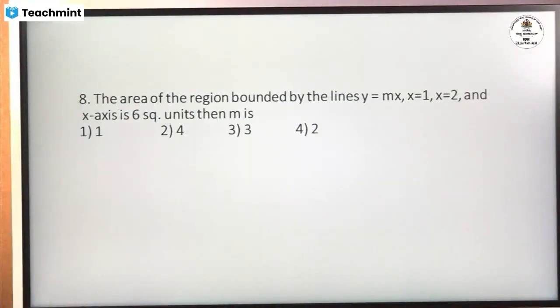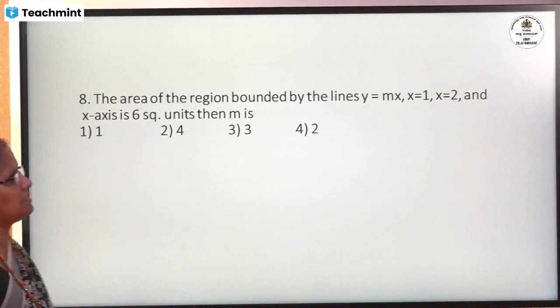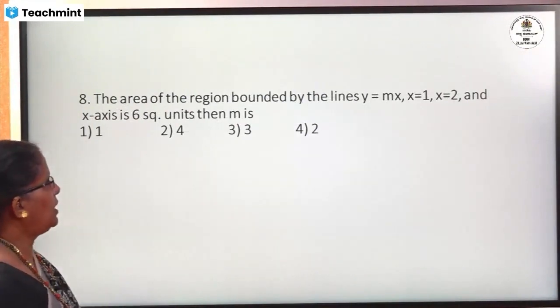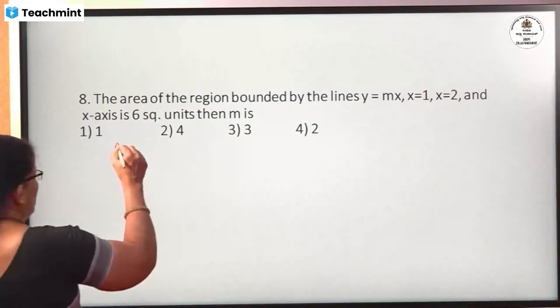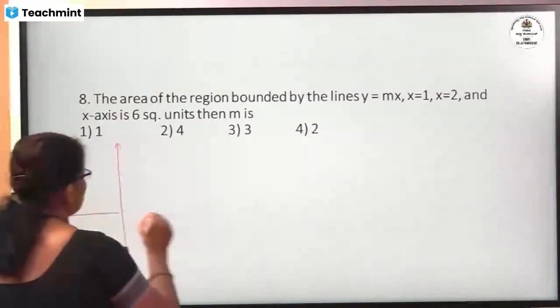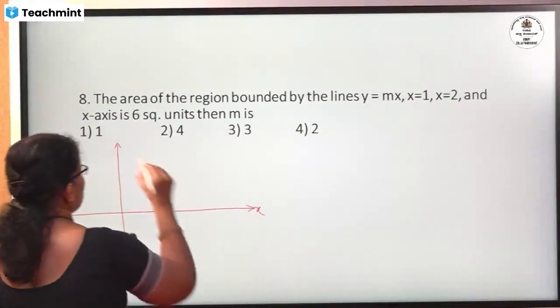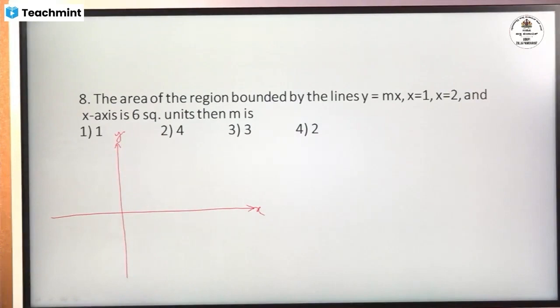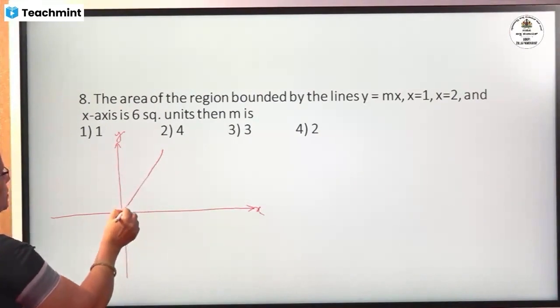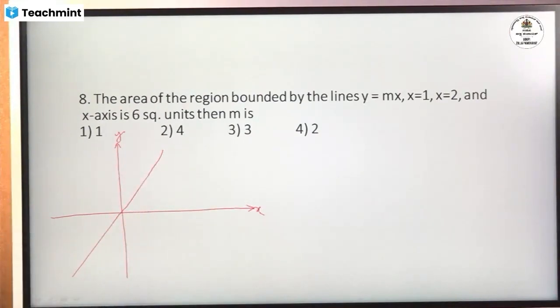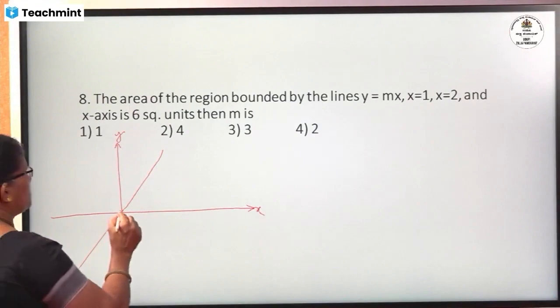The area of the region bounded by the lines y is equal to mx, x equal to 1, x equal to 2 and x-axis is 6 square units. You have to find the value of m. What does y is equal to mx represent? It represents a straight line passing through the origin.